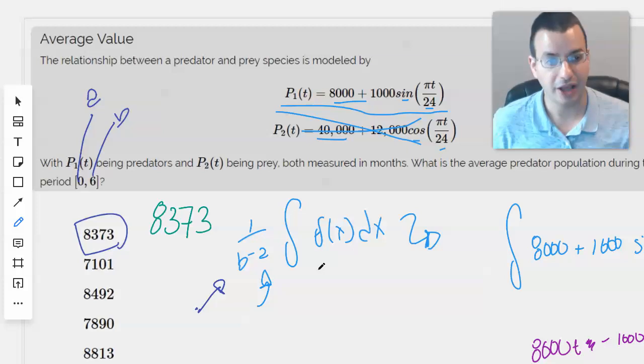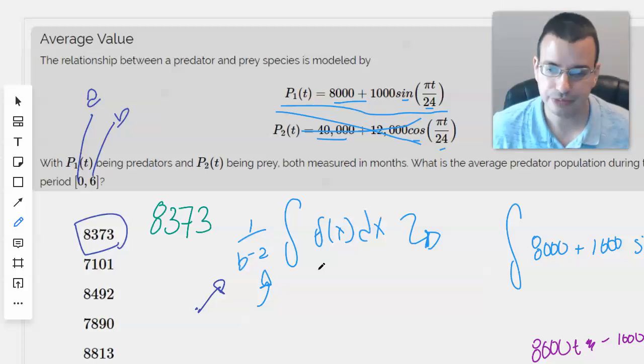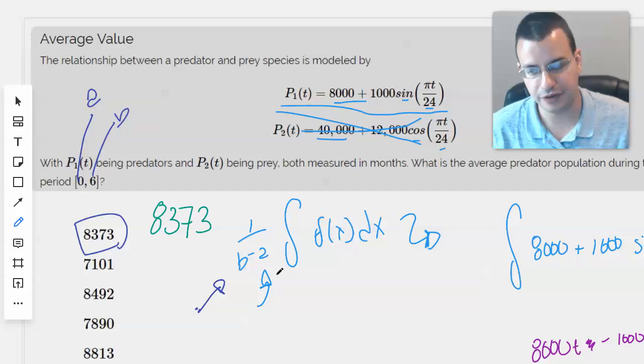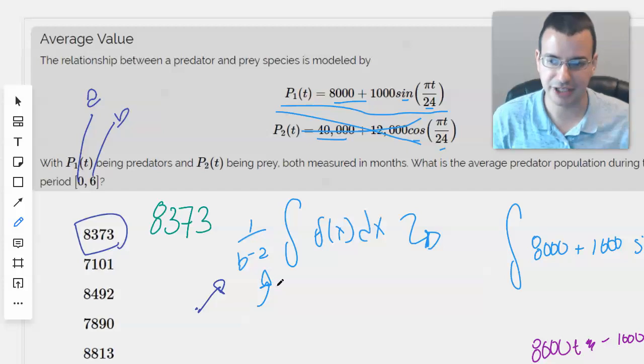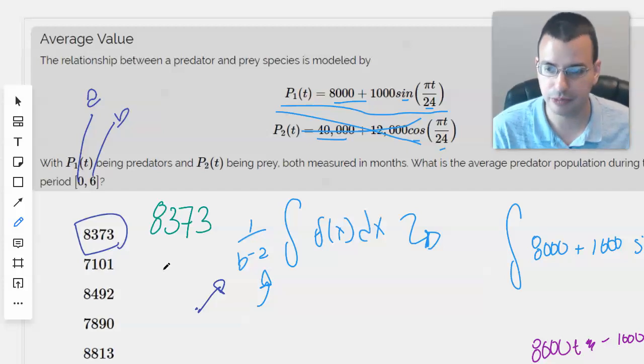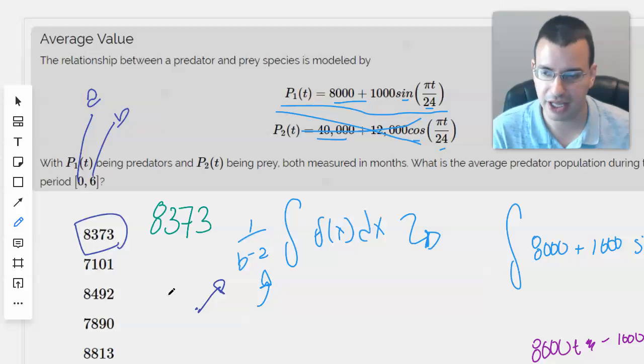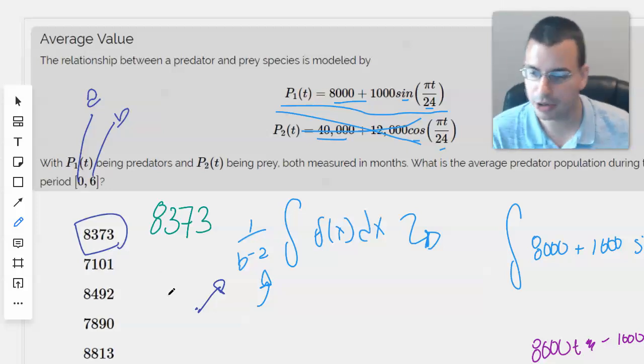And we're looking for the height of this rectangle, which is given by this equation. Area under the curve divided by b minus a gives us the height. So the average value of predators during the first 6 months will be 8,373. That's how you do this problem. Go team.